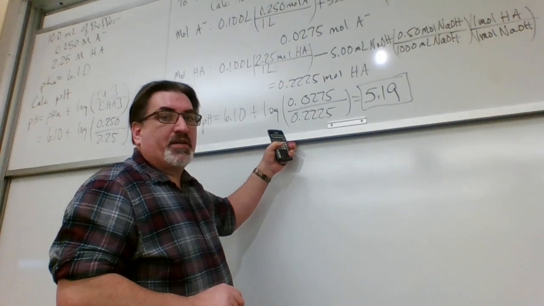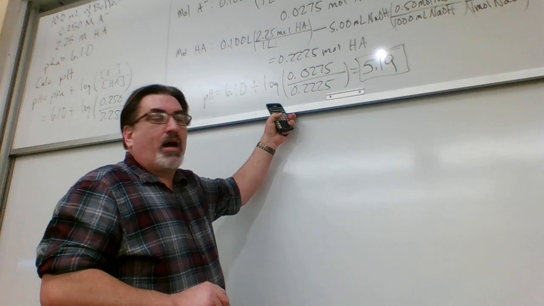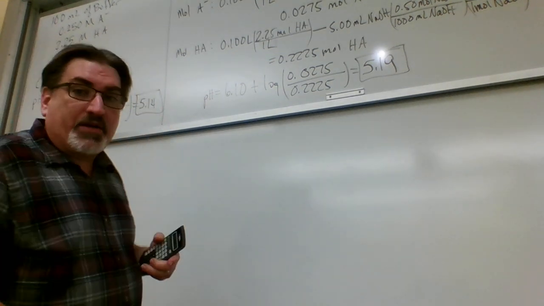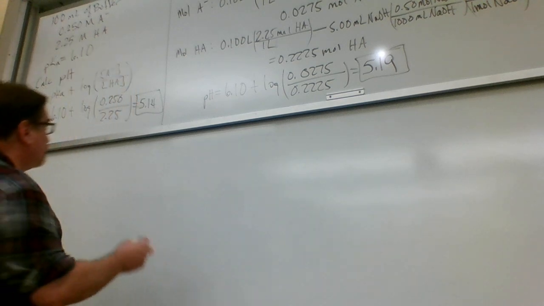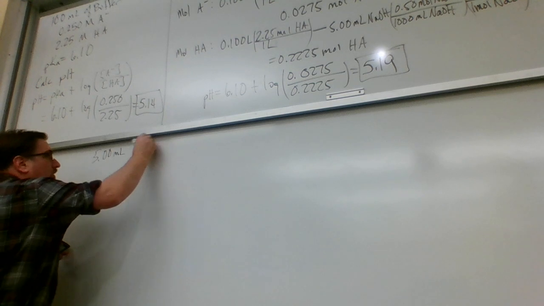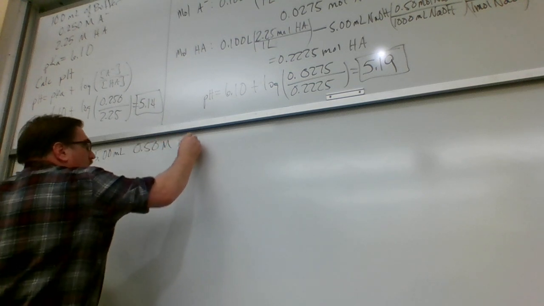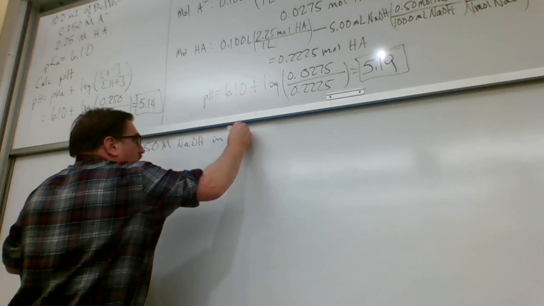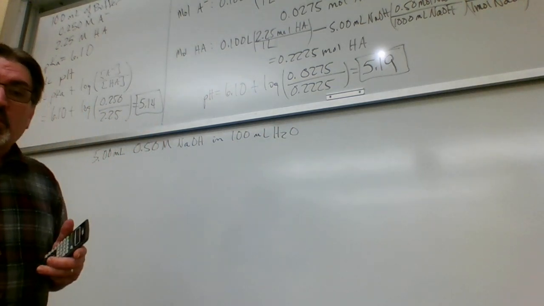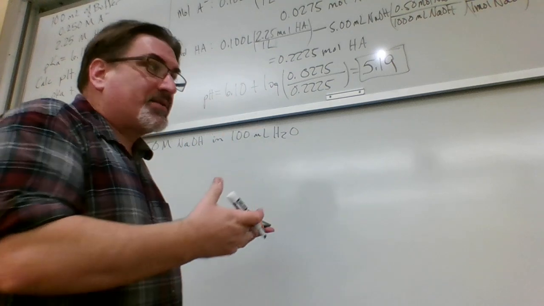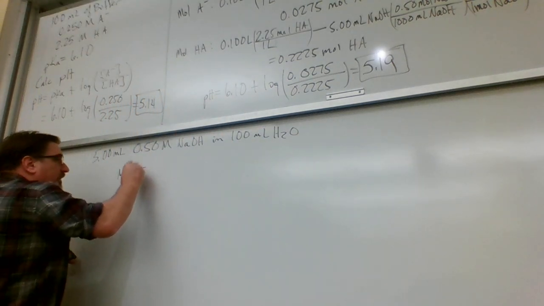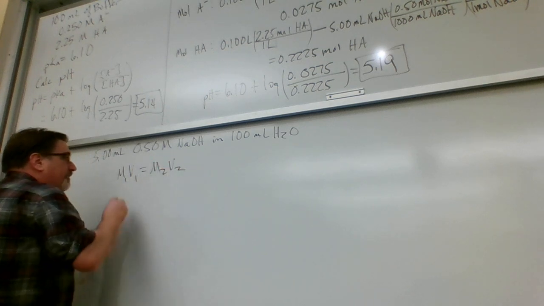So while we've got our numbers here to look at, let's compare how this would be adding 5 mils of NaOH at half molar concentration to 100 mils of water. This one's a dilution, because if we just added it without the buffer being present, we're just adding it to water. So M1V1 equals M2V2.